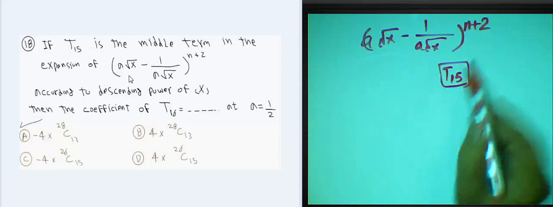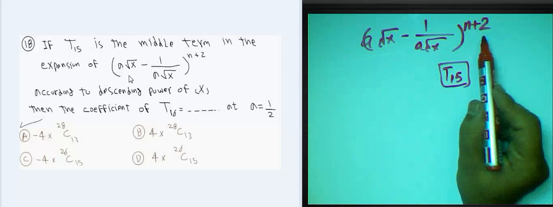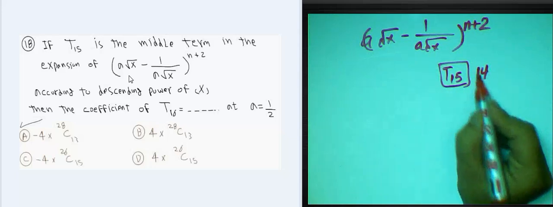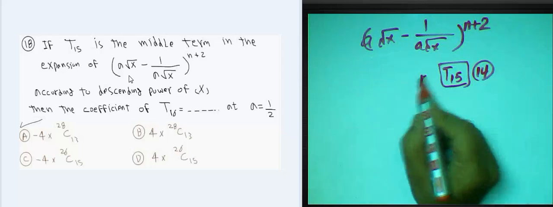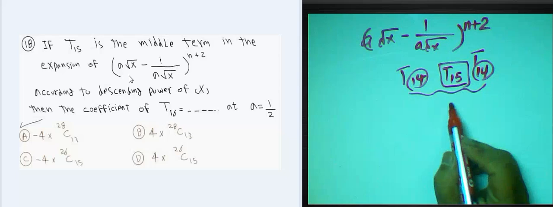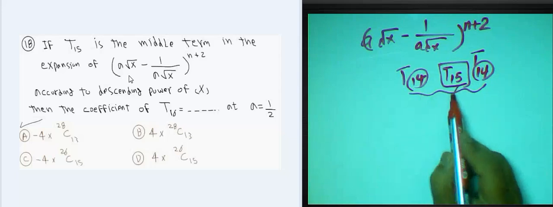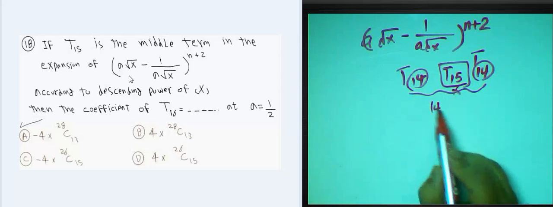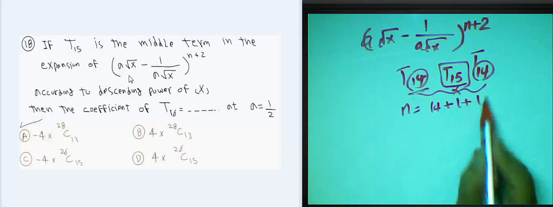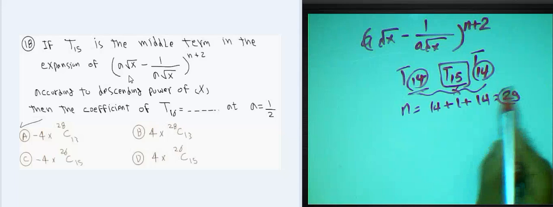We have n plus 2. Term 15 in the middle means we have 14 terms on the right and 14 terms on the left. Then we have how many terms? 14 plus 1 plus 14 equals 29.